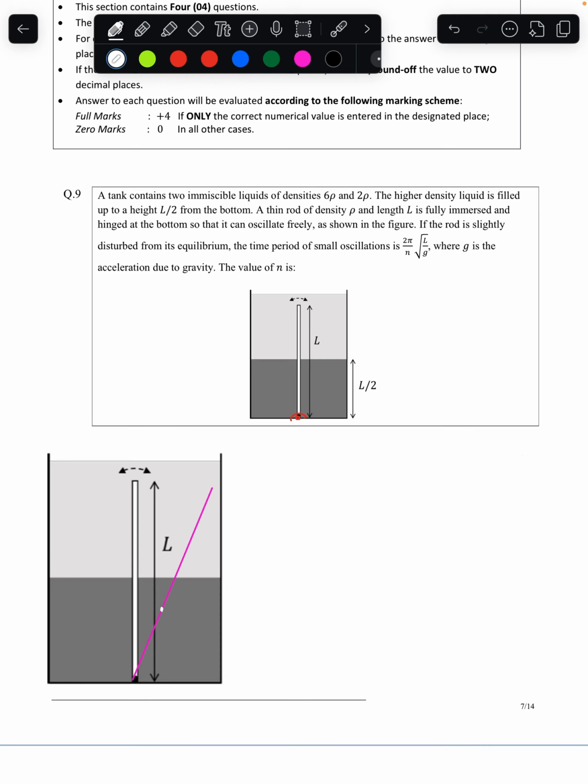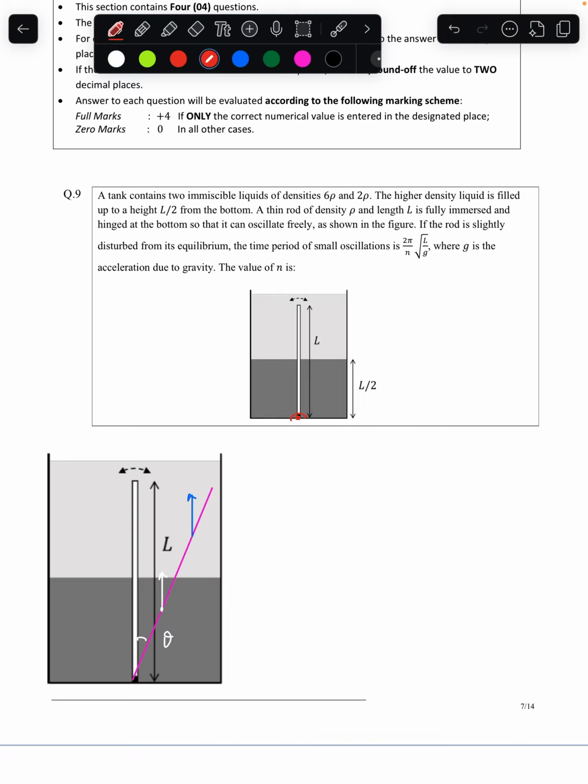Here one buoyant force will be acting in this direction, and here another buoyant force will be acting in this direction. I will assume that this angle is theta, a small angle disturbed.